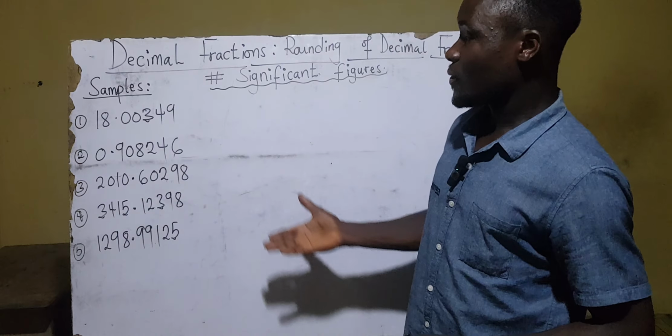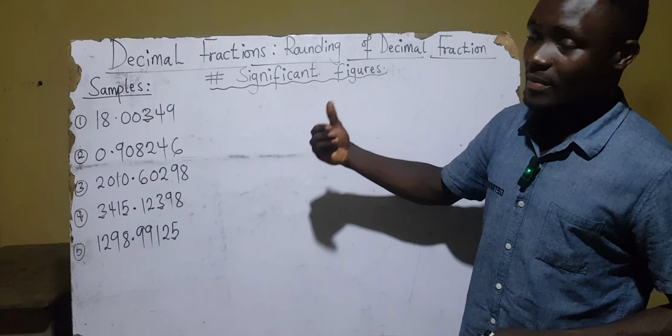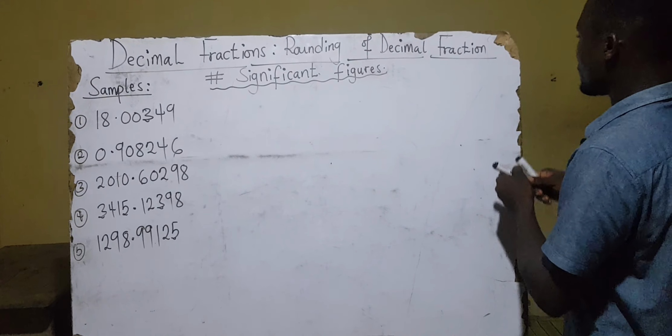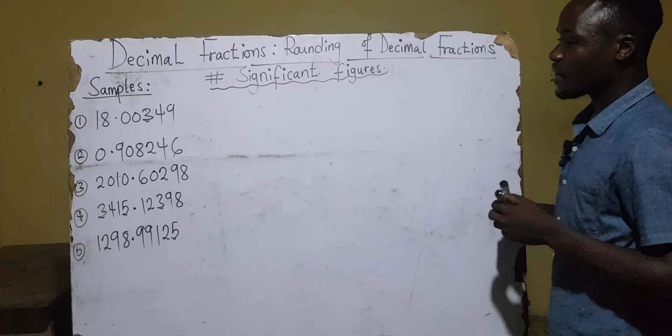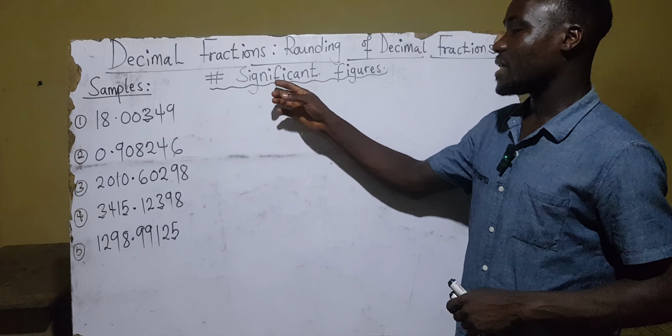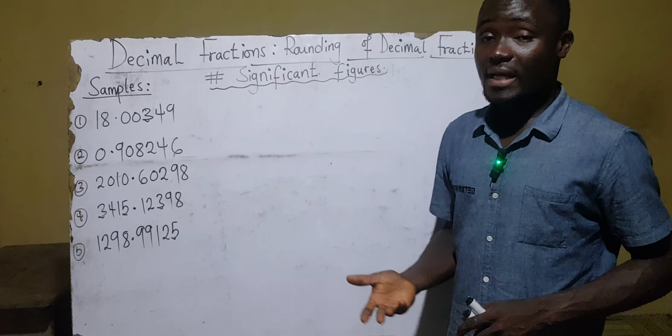So now, as you can see on the board, we are looking at decimal fractions, and specifically at rounding of decimal fractions. Specifically, we are looking at how to round a decimal fraction to a given significant figure.